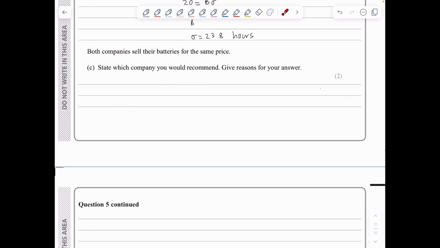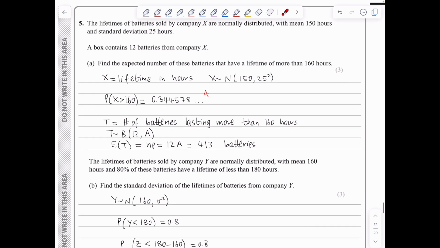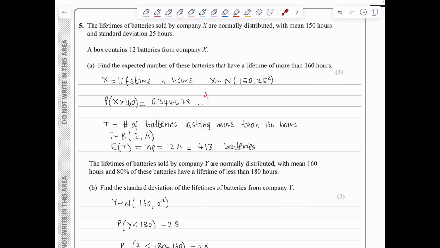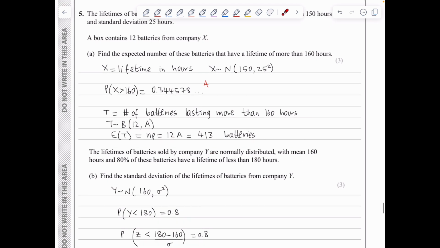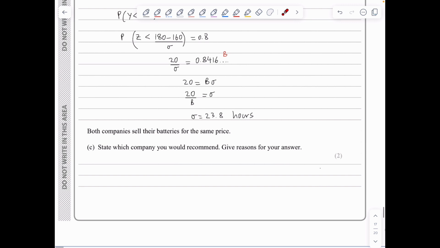We are then told that both companies sell their batteries for the same price, and we need to state which company we would recommend, giving reasons for our answer. Well, if we go back, we can see that X is lasting for an average of 150 hours, whereas Y is lasting for an average of 160 hours. So the first thing we could say is that there's a higher mean for company Y, so this means that the batteries last on average longer.